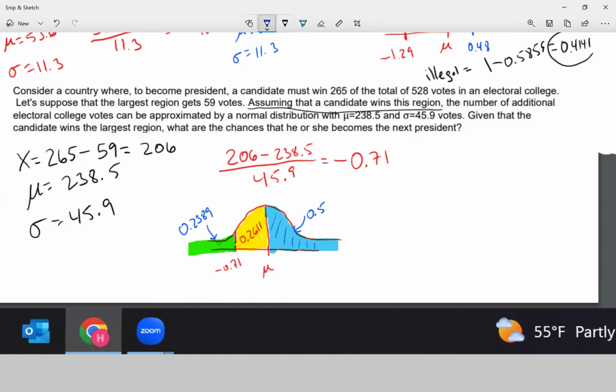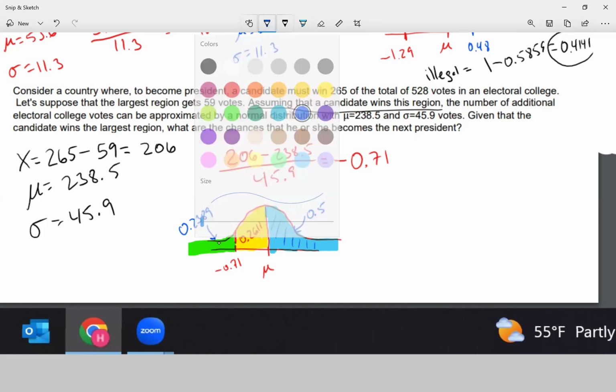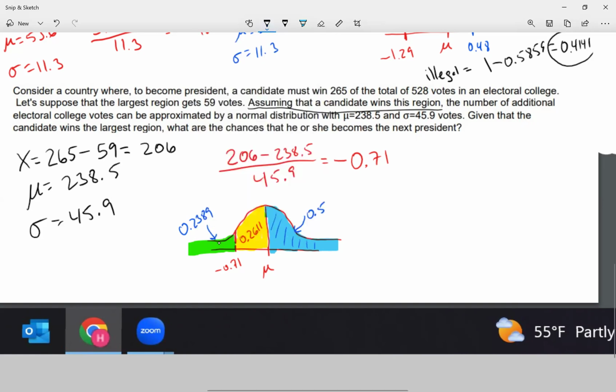So which area or areas will make my candidate win? You guys will say, well, this area, because I get more than 206 votes, but less than 238.5. Remember, my candidate needs at least 206 votes. Okay, so that area wins. How about this other area? My candidate gets more than the average votes. I only need 206.